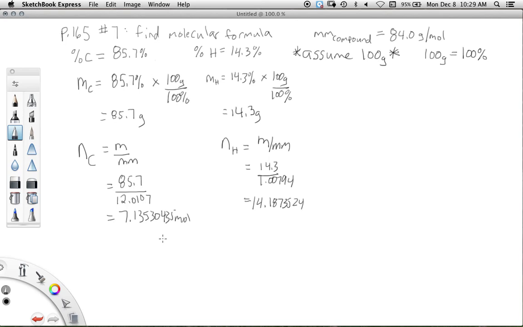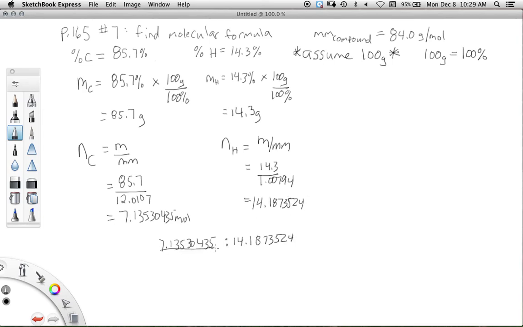So my ratio of carbon to hydrogen is 7.13530435 to 14.18735. I gotta write this a little cleaner.